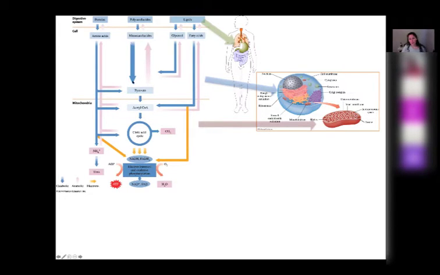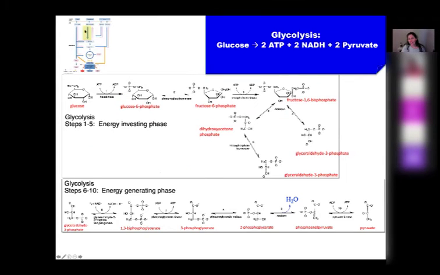So glycolysis would be represented by this blue arrow here, which is why I've highlighted it on my little figure. Glycolysis is the catabolism of glucose. The outcome is you take one glucose molecule and you end up making two pyruvates. So overall, glucose is converted to 2 ATP, 2 NADH, and 2 pyruvate.